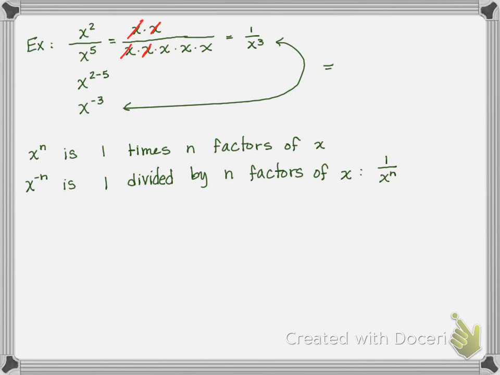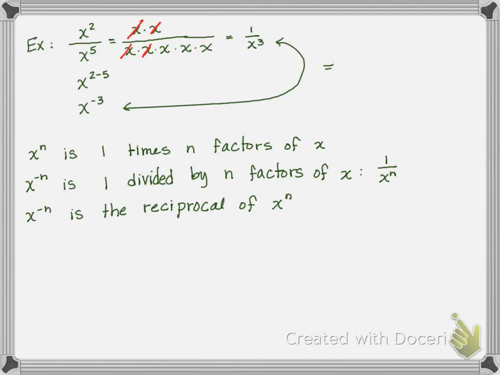What that 1 over x to the n really means is the reciprocal of x raised to the positive n, which means that if x to the negative n was in the denominator, the reciprocal of that will be in the numerator, right? So it's really just switching. It's not that anything with a negative exponent ends up in the denominator.